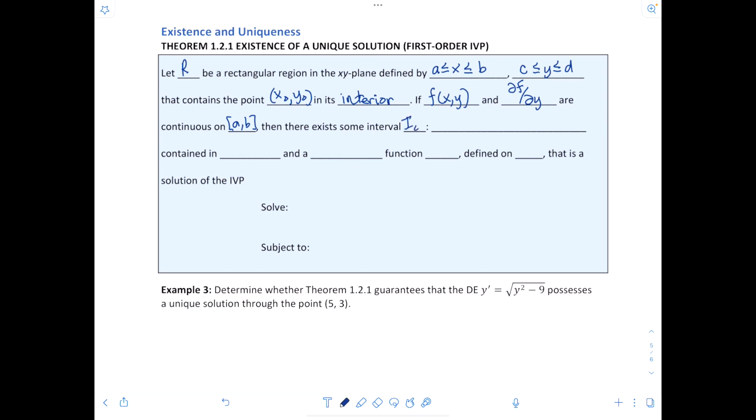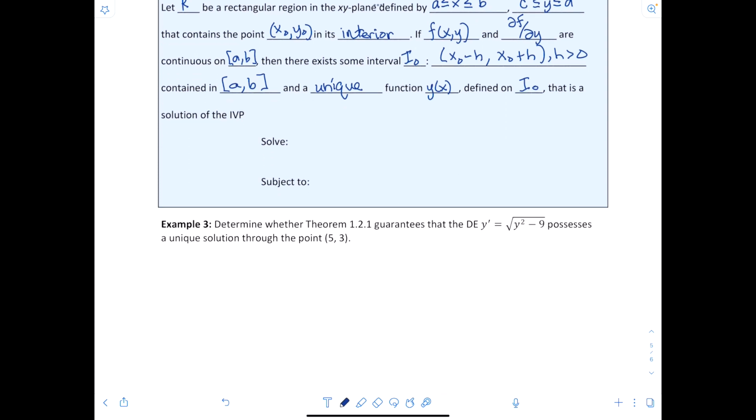then there exists some interval I0, which is x0 minus h, comma, x0 plus h, where h is greater than 0, contained in the interval from a to b, and a unique function y of x defined on this interval I0 that is a solution of the initial value problem.